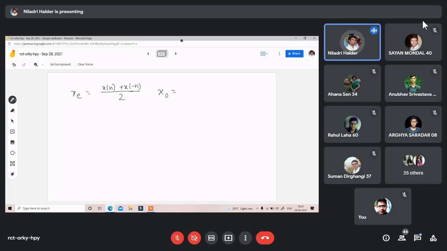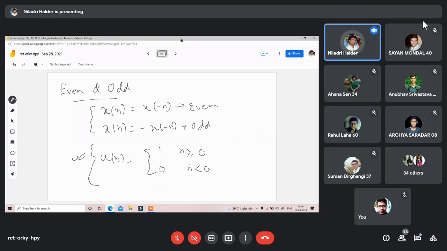See, I am doing all this part in a faster way because you have already done those problems in your signals and systems course. So I am not going into detail, I am just recapping it. These are the two equations to calculate the even part and odd part of a signal. So here one unit step signal is given.